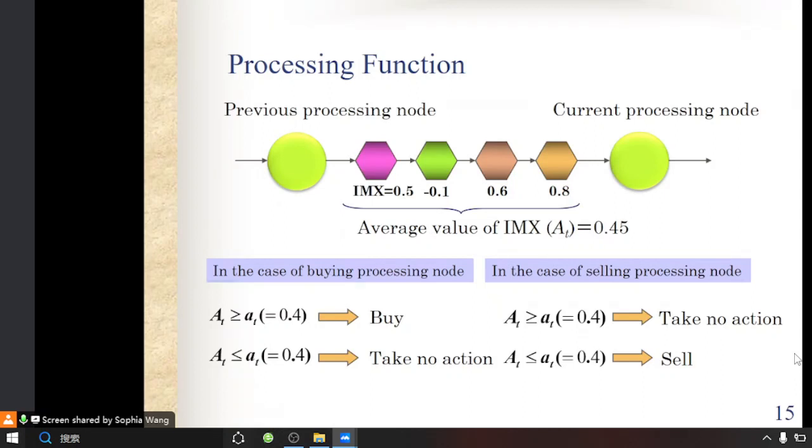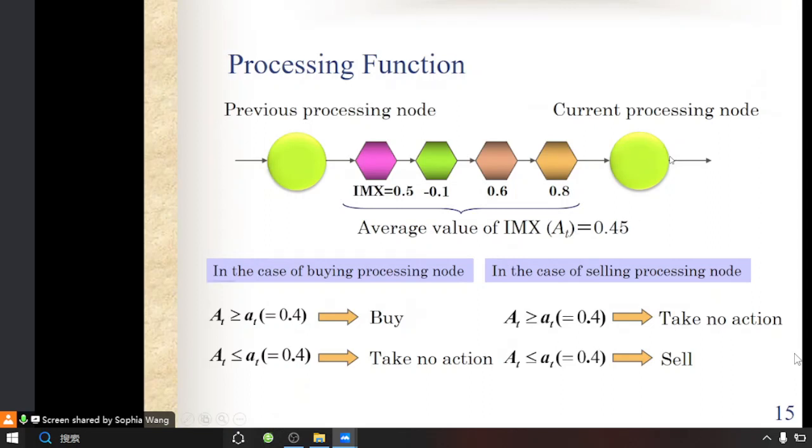Okay. And after getting this information, you can calculate the output of these four judgment nodes. That means the role of these judgment nodes is to get information from the whole stock market, the environment. So after that, we can get the 0.45.